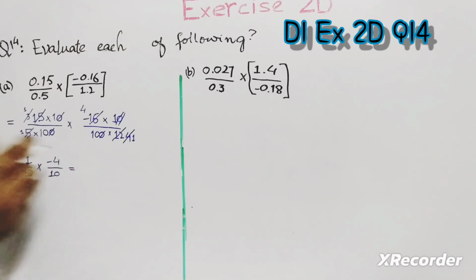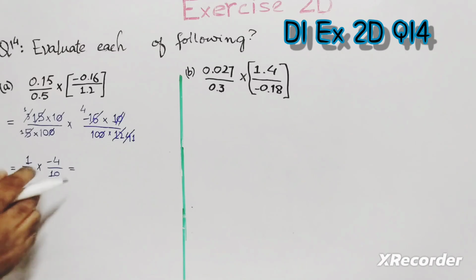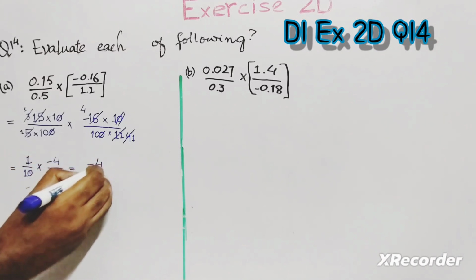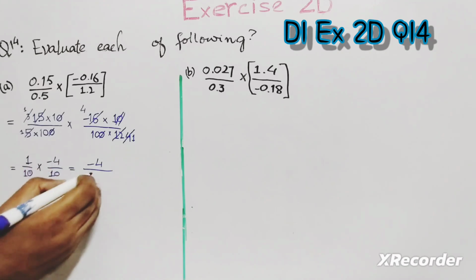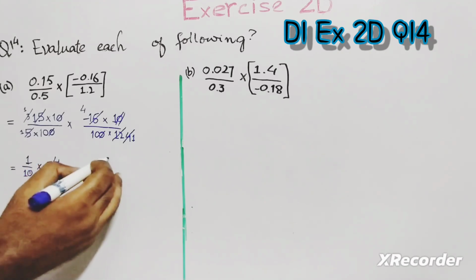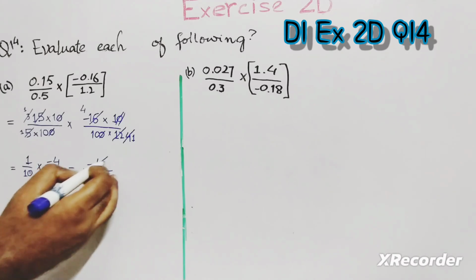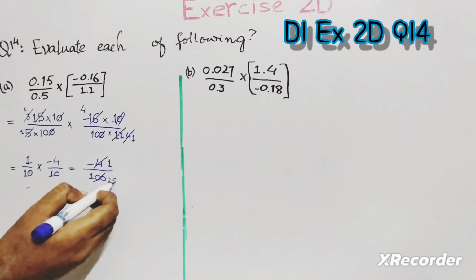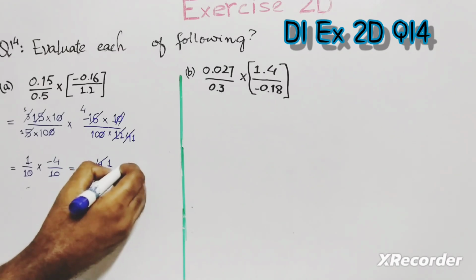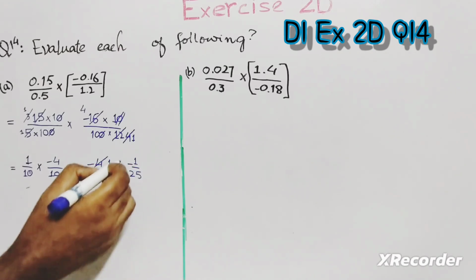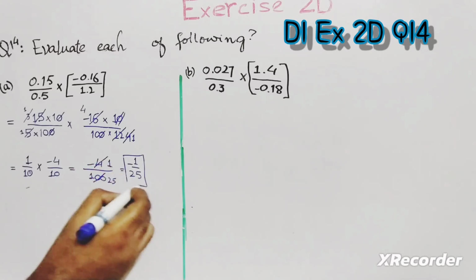If we multiply numerator with numerator, denominator with denominator, minus 4 multiplied by 1 is minus 4, and 10 multiplied by 10 is 100. Now we can cut this 4 with 100. 4 times 1 is 4, 4 times 25 is 100. So what we get is minus 1 upon 25. This is our required answer.